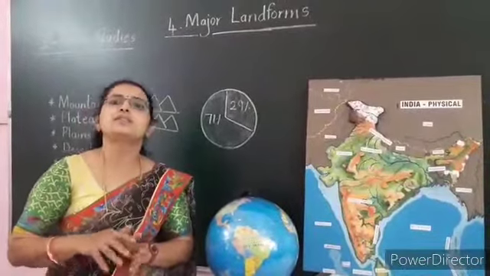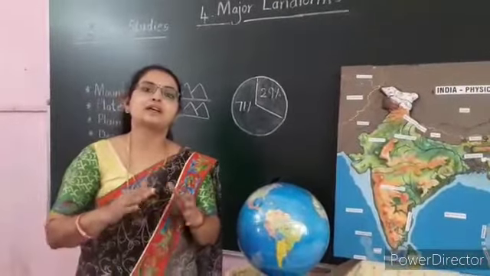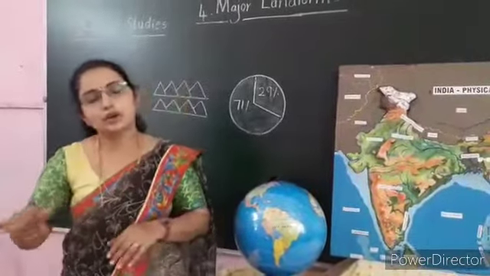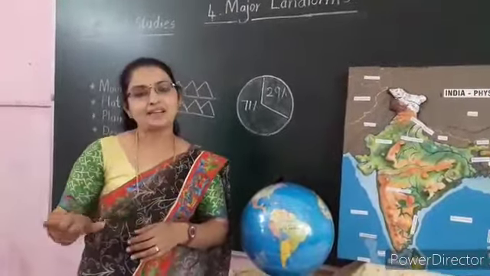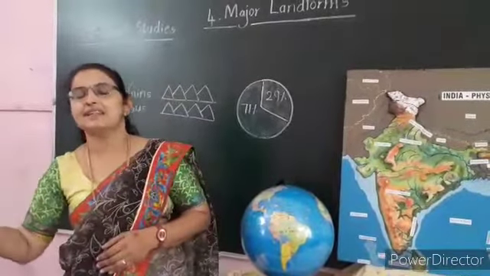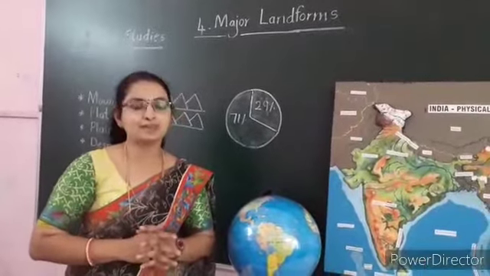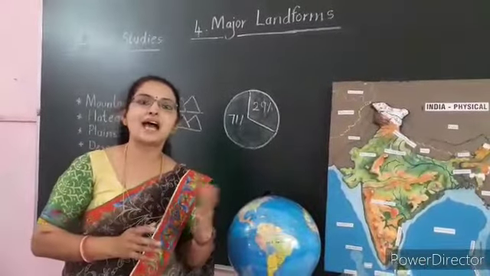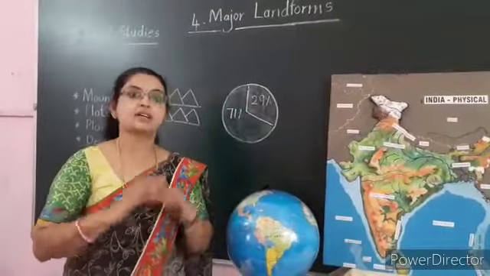Plains are flat and low-lying lands. They are also called lowlands. They can be flat or slightly hilly. Plains may be formed by deposition of sand and silt by rivers.